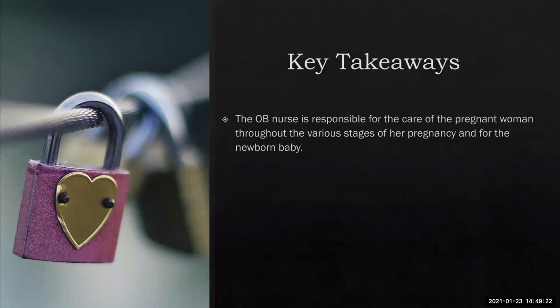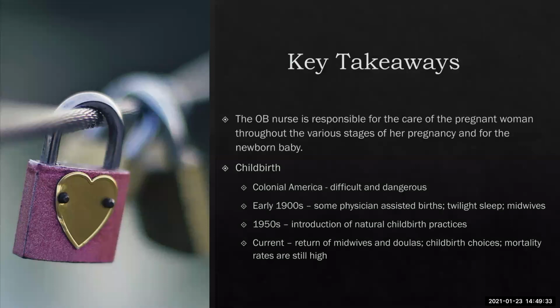So the OB nurse is responsible for the care of the pregnant woman throughout the various stages of her pregnancy and for the newborn baby. From a childbirth perspective, in colonial America, childbirth was difficult and dangerous. In the early 1900s, we had some physician assisted births.